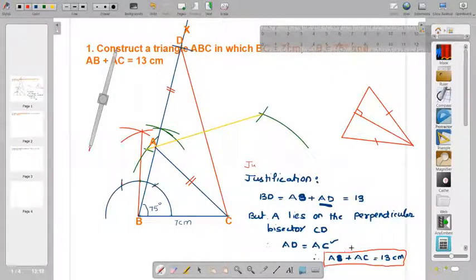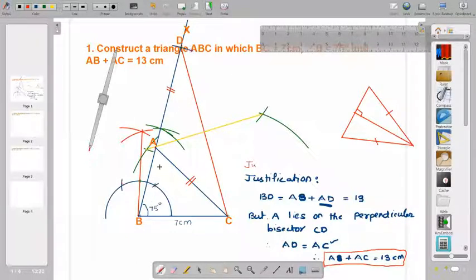Okay, children, first, what you need to do? You need to construct BC line segment with 7 centimeters length. Then at angle B, you need to construct 75 degrees. Let the ray be called BX. Then on the BX ray, take the radius equal to 13 centimeters. Then with B as center, draw an arc.